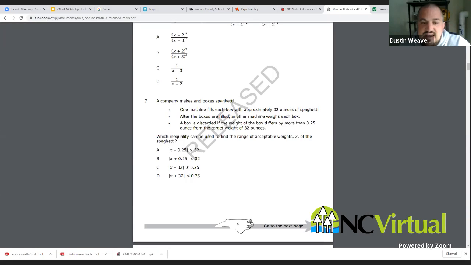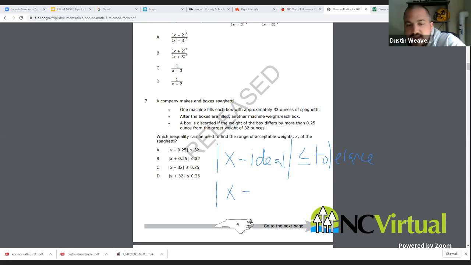This is just a formula that we learned a long time ago: the absolute value of x minus the ideal is less than or equal to the tolerance. Ideal is the amount that you would want it to be, your target. Sometimes they say x minus the target, but x minus the ideal or the target weight. The target weight, it says, is 32 ounces.